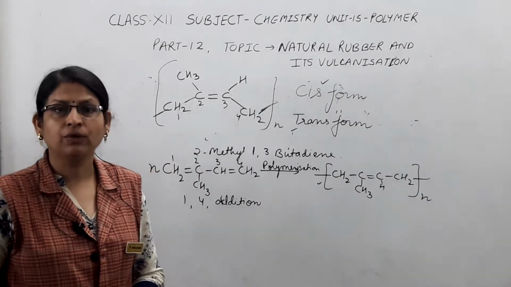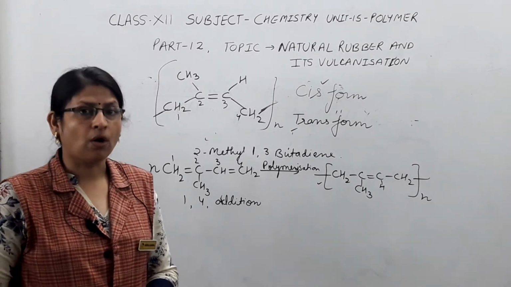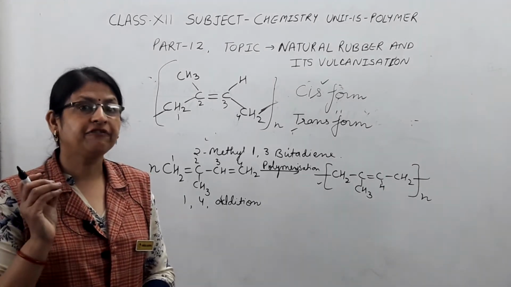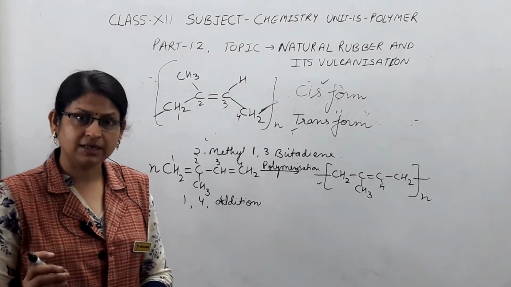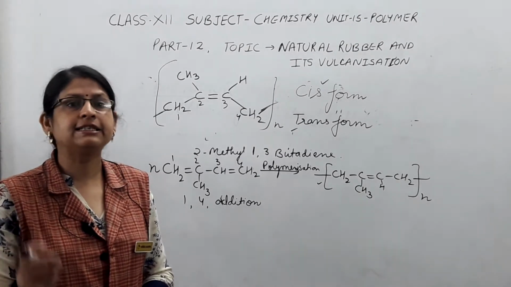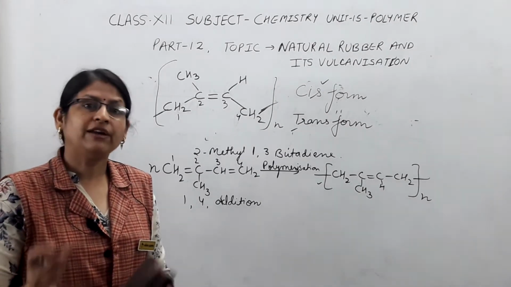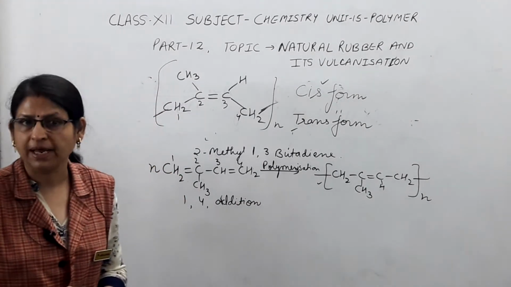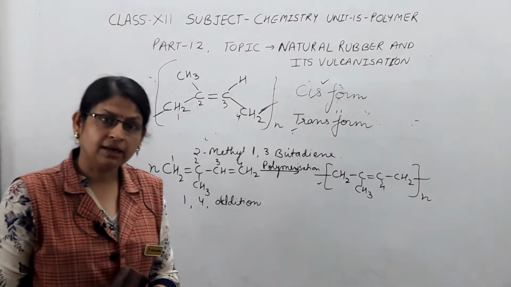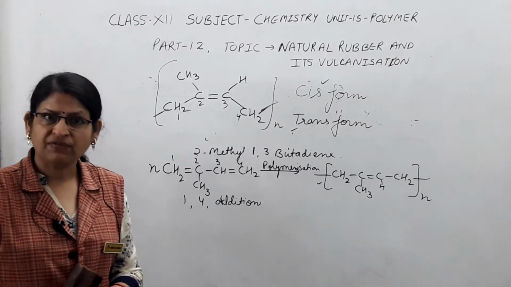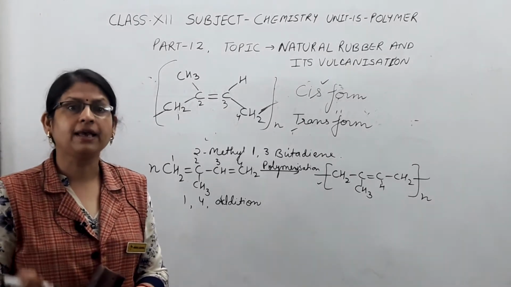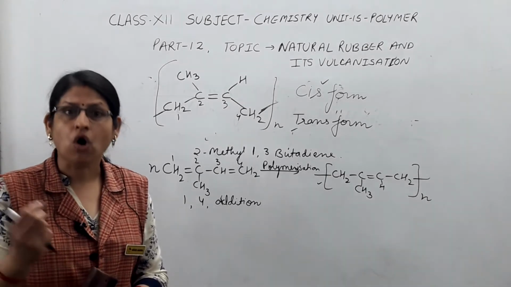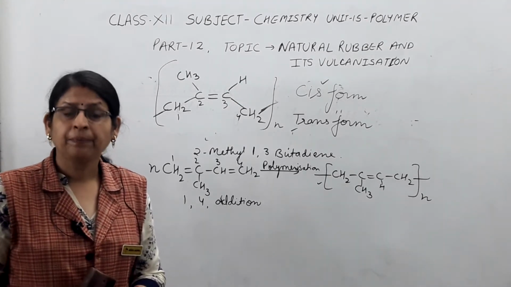But students, you know, the natural rubber obtained is a very weak elastomer, or we can say it easily deteriorates. When we put natural rubber in air, decomposition takes place by the oxygen present in the atmosphere, or it is easily attacked by chemical reagents like oil and acid.